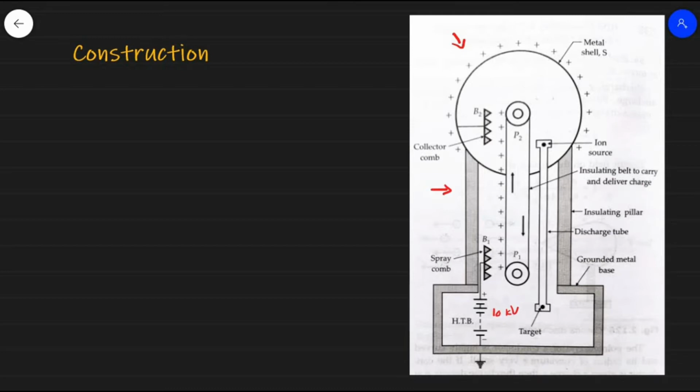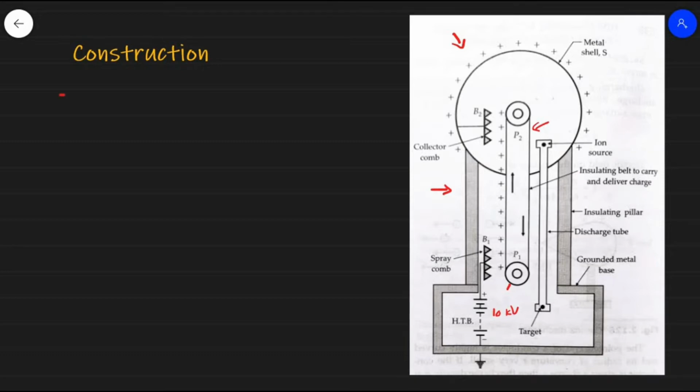We have another spray comb here, which is B2, and here we have a pulley system. This is pulley P1 and this is pulley P2. And this is an insulating belt. And here we have an ion source, and this is a target.